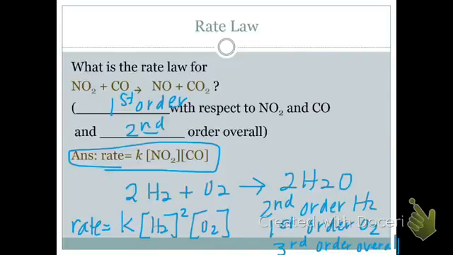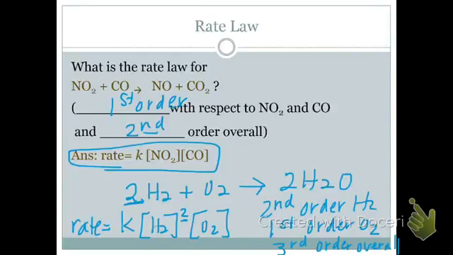Okay, your exponents. Because we said that on the last slide. The exponents, first order, second order, third order, is what you're raising it to. So the fact that this had a 2 here, we had to do concentration raised to its coefficient. So it would be second order, and then since there's not one there, it'd be first order for oxygen, and then for the overall reaction, you just add up the exponents. So it's third order overall.